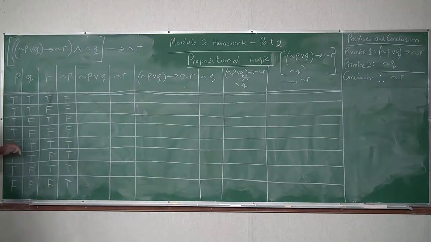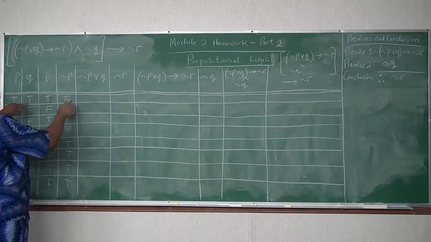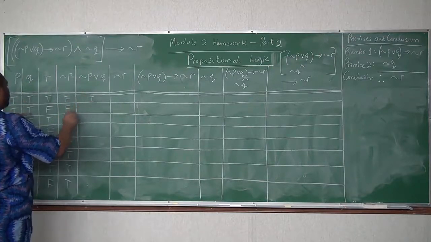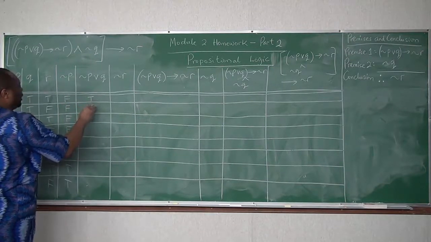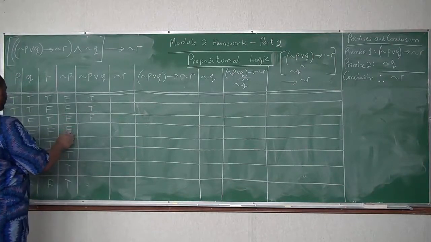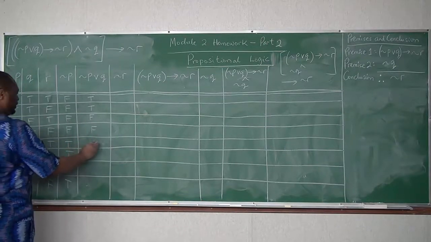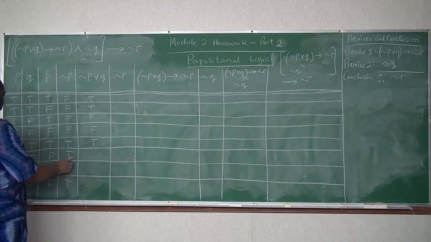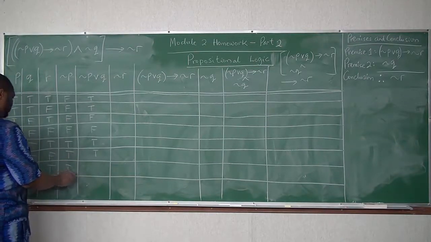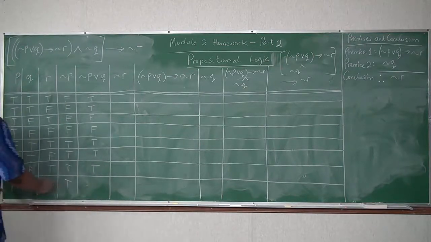Now we're looking at P or Q. False or true is true, false or true is true, false or false is false, false or false is false, true or true is true, true or true is true, true or false is true, and true or false is true.